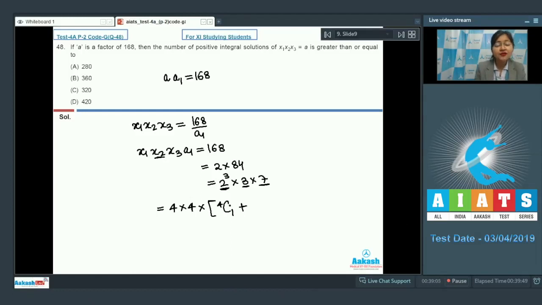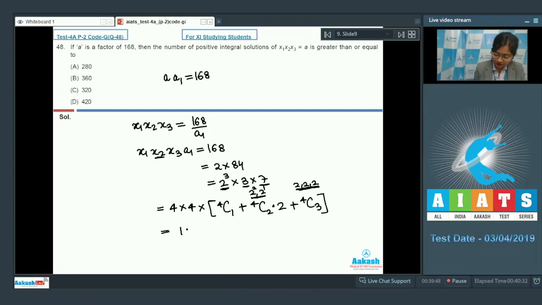Plus the next case is I break it into 2, that is 2 square and 2 raised to the power 1. So again I select any 2 from 4 by 4C2 ways and give them both by 2 ways. Plus the next method is that I give 2, 2, 2 to any 3. So that can be done in 4C3 ways. Right? These are the only cases.